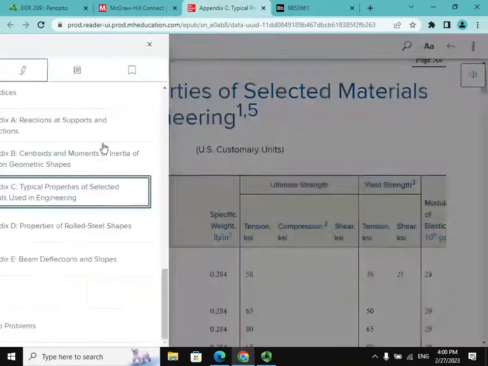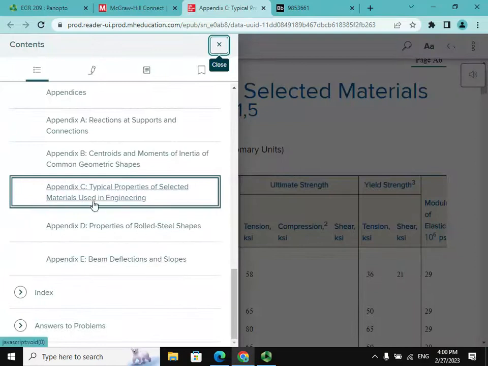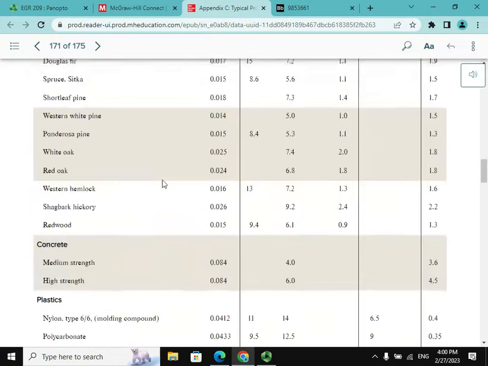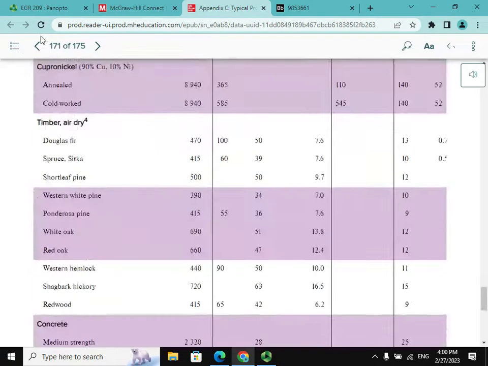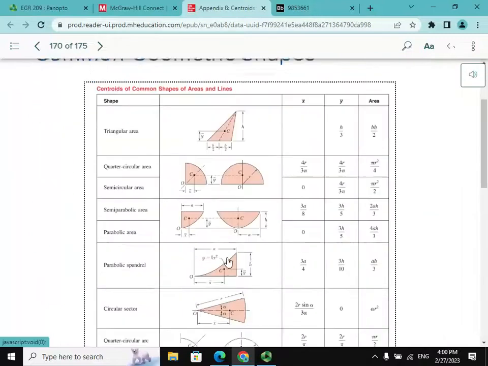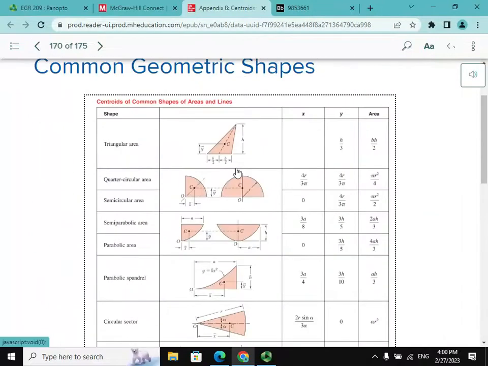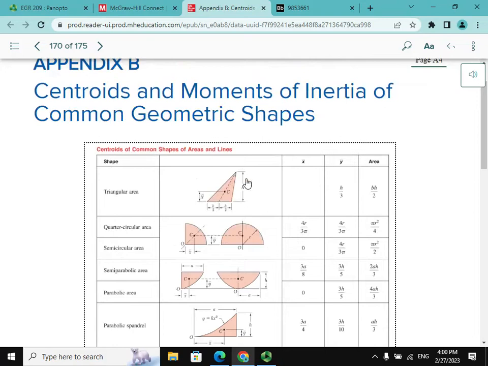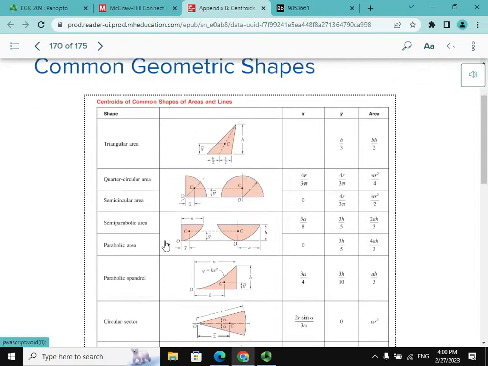Let me see if they have another table. For common shapes, there is the centroid and moment of inertia for shapes like a half circle and quarter circle.